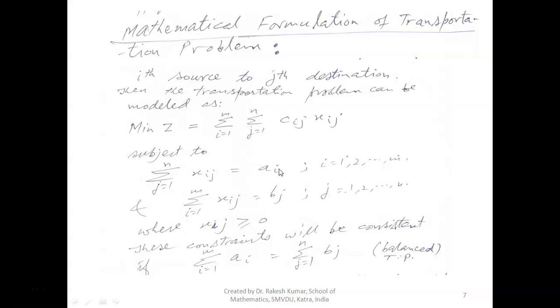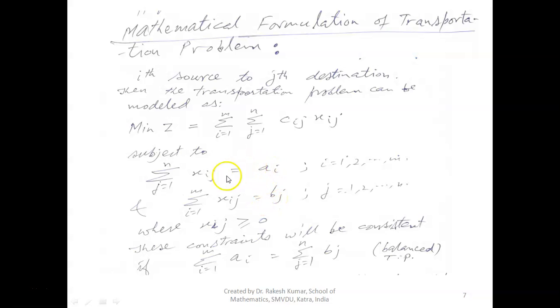Meaning thereby that one cannot transport more than the material available at the ith supply center. Similarly, we can have summation i from 1 to m xij is equal to bj. Whatever is the demand, that has to be fulfilled.